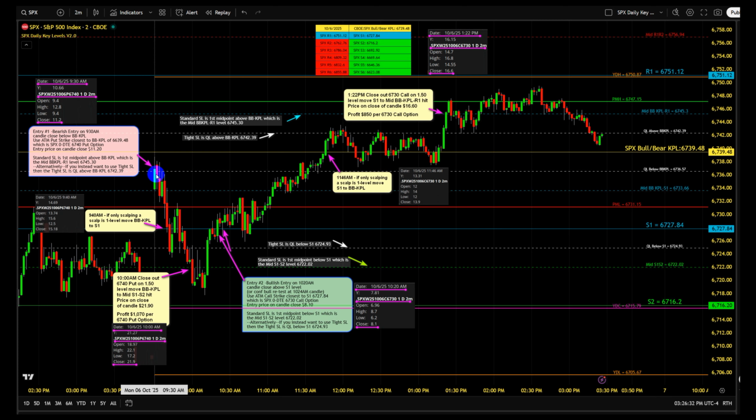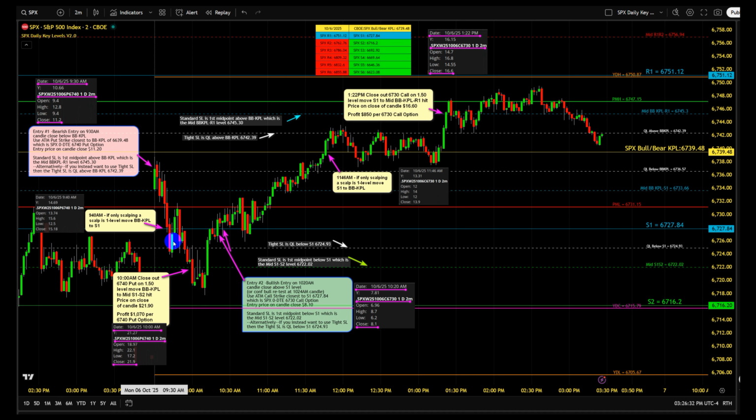It really depends on what you're looking for. If you want to give it more room, you could just make it break even, or if you want to adjust it so that if it does retrace you're at least going to have a profit, then on anything that gets stopped out you would add on a cushion of profit, and as it keeps moving down, you would keep adjusting your stop loss accordingly as it keeps moving in your favor.